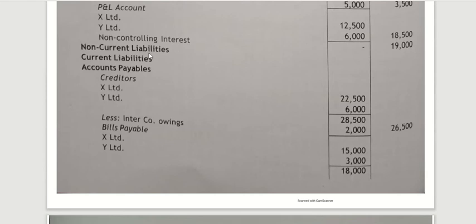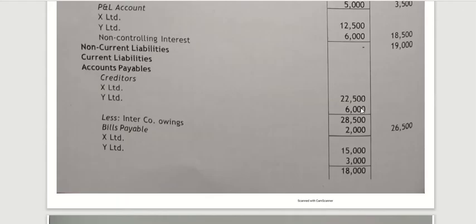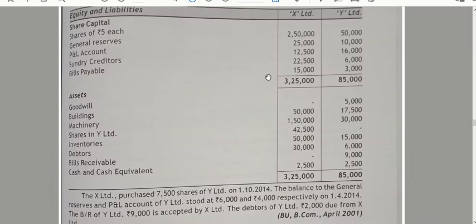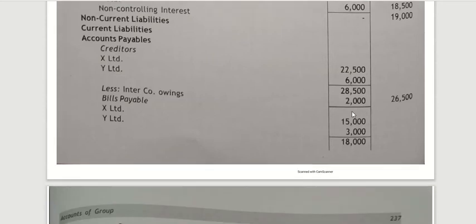Moving on to your non-current liabilities, we do not have anything. Moving on to our current liabilities, under that, in the question we have accounts payable. First we have creditors, which is 22,500 of X Limited and 6,000 of Y Limited.